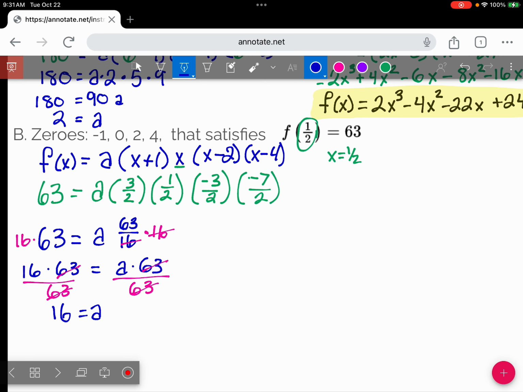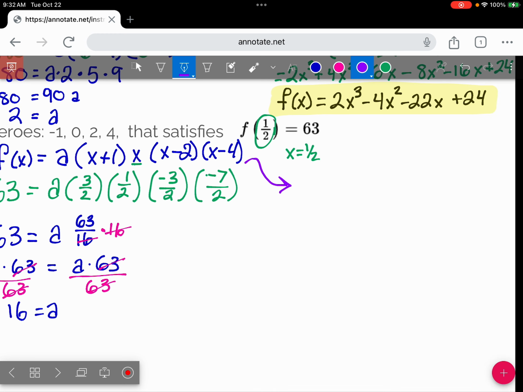Because again, we need to put this in standard form. So I'm going to take this guy and put in my A of 16. So we're going to have our f of x equals that 16 times x plus 1 times x minus 2 times x minus 4.